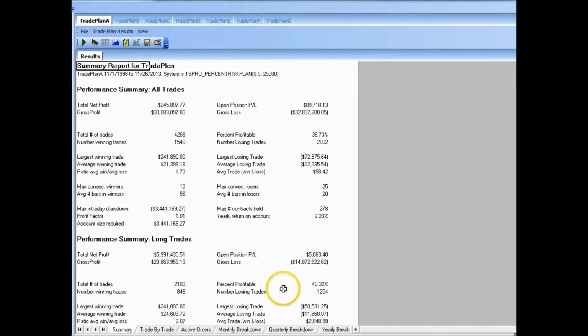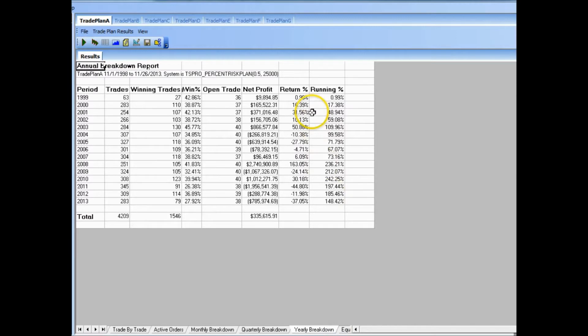So here is where you can see the yearly breakdown of the results. We had some good years, we had a number of down years, and you can see the system really suffered the last 3 years, which is not surprising given the performance of many of the trend following commodity trading advisors out there. I highly recommend, when you're doing your own research, go to the website autumngold.com, A-U-T-U-M-N gold.com.